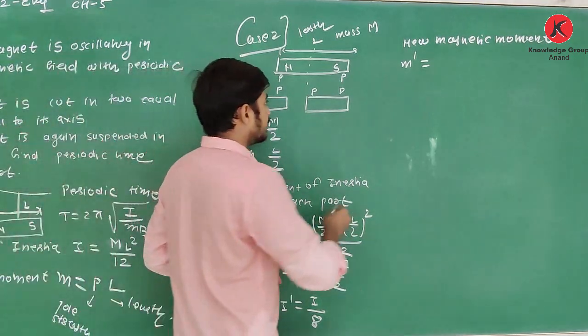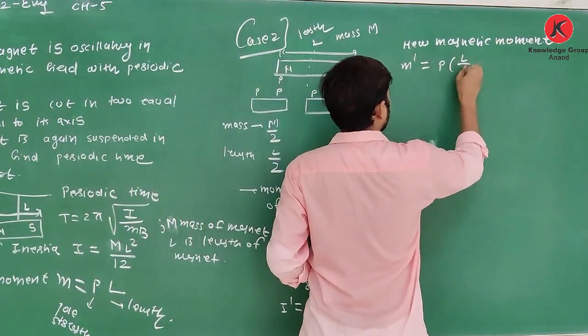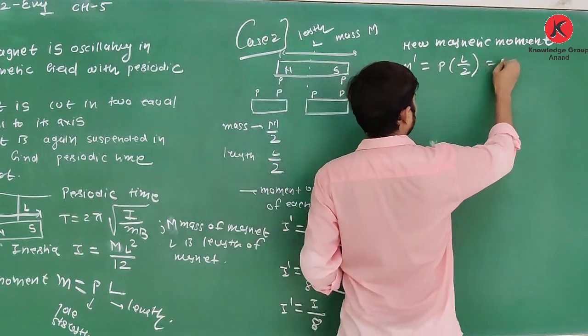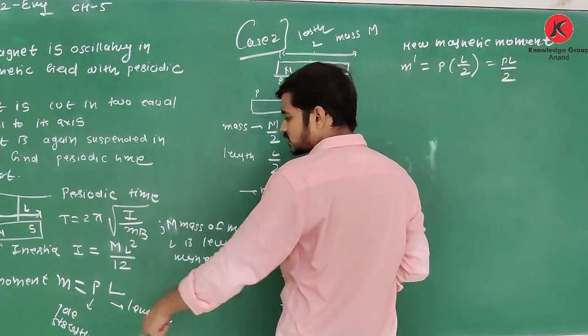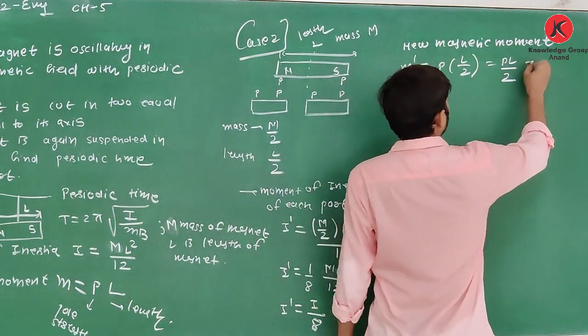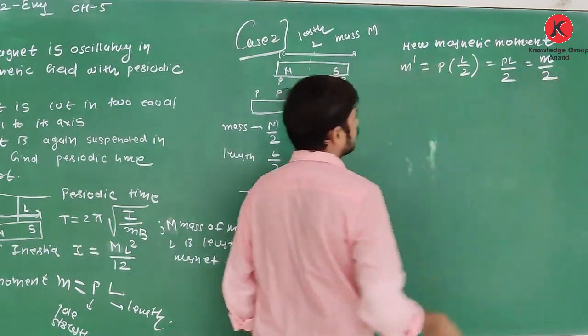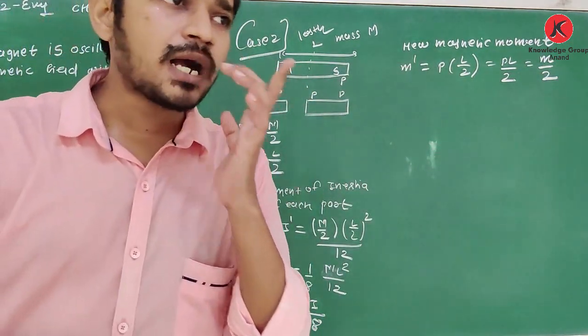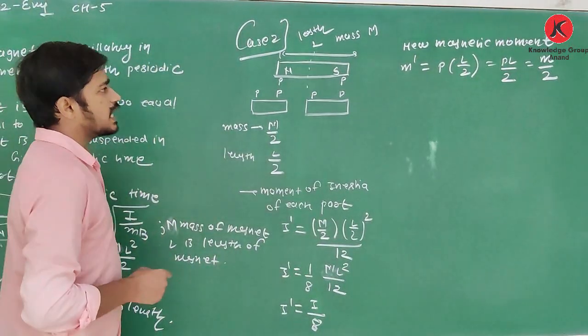So it is P. What is the length now? L by 2. So it is PL by 2. But PL is the magnetic moment, so the magnetic moment of each part, M dash, is equal to M by 2.